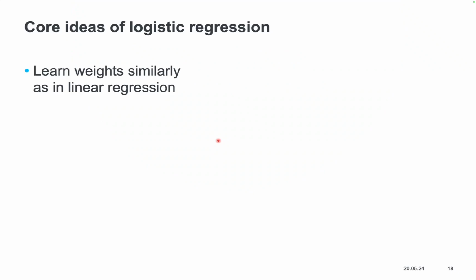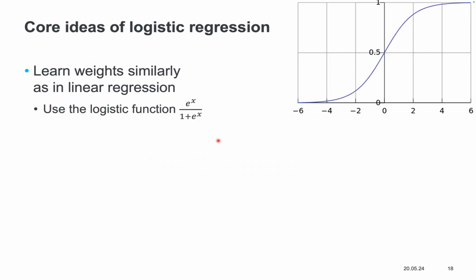The idea of logistic regression is that we learn the weights similar to how we do in linear regression. To do this, we try to mimic the distribution of probabilities. We try to learn how probable it is that an object belongs to one class or the other class.